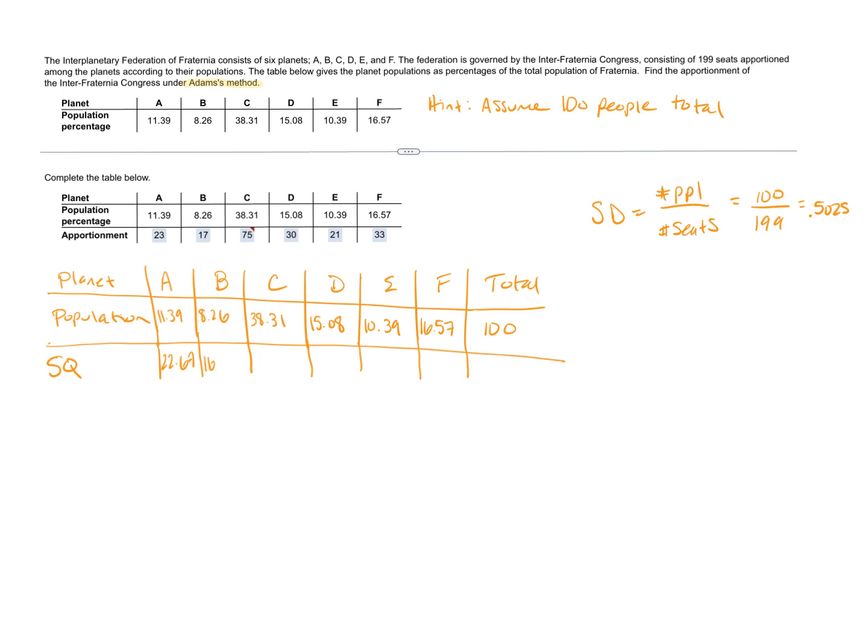Then 16.44, 76.24, 30.01, 20.68, and finally 32.975.